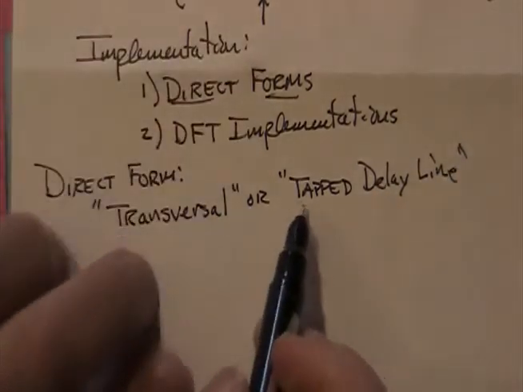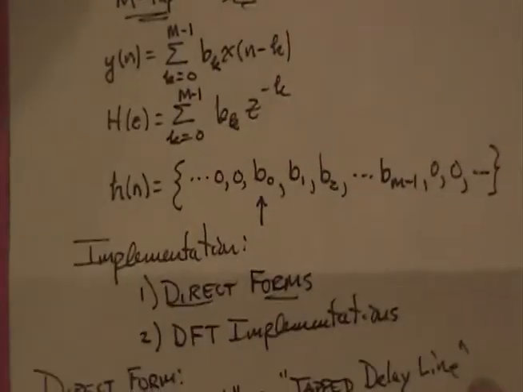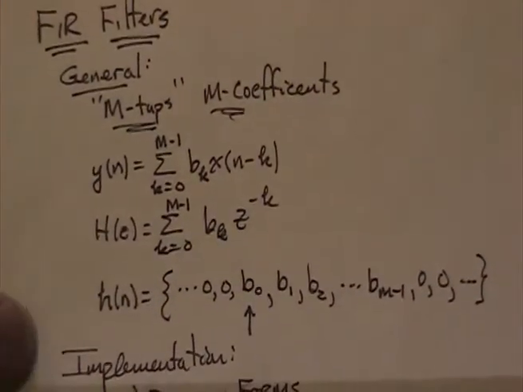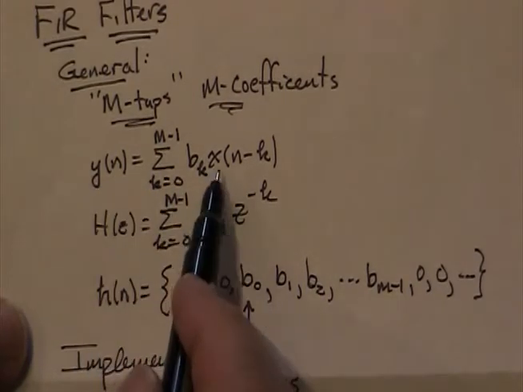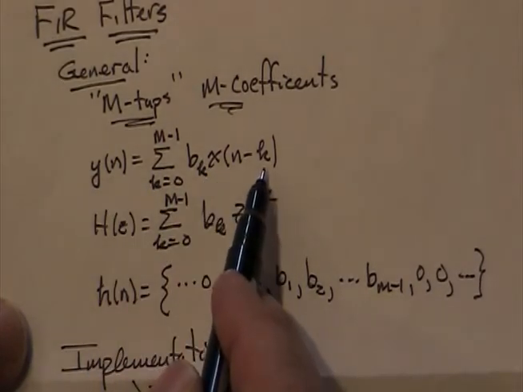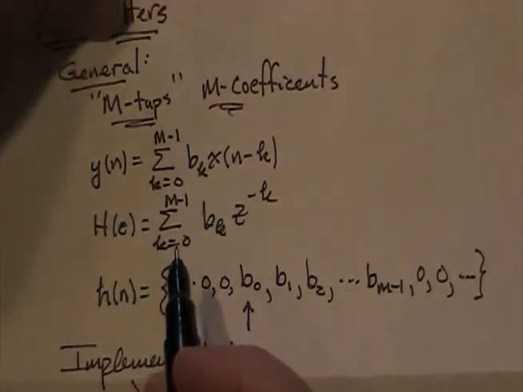Okay, and that's kind of where this terminology of, we said a minute ago, N taps for a filter is really the number of taps. Tap delay line, we're just going to form delays of the x of n's, and we form a linear combination of those values to form the output signal y of n.